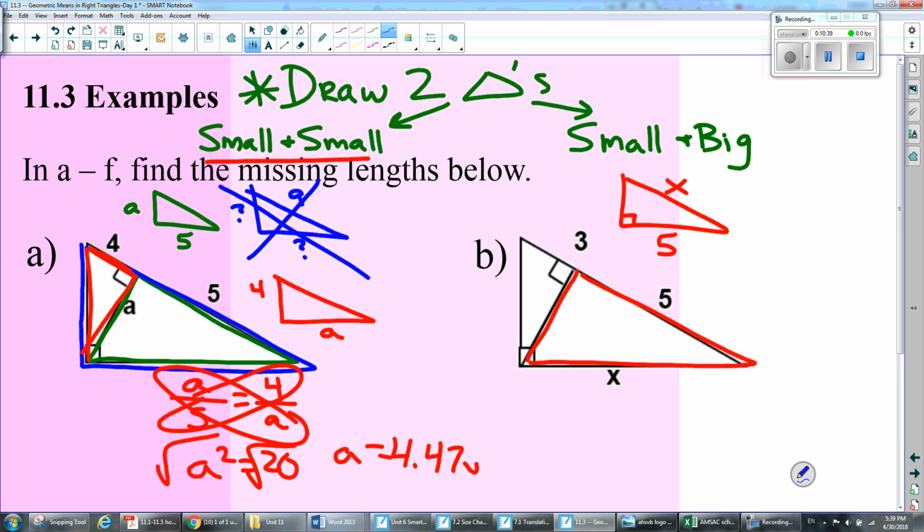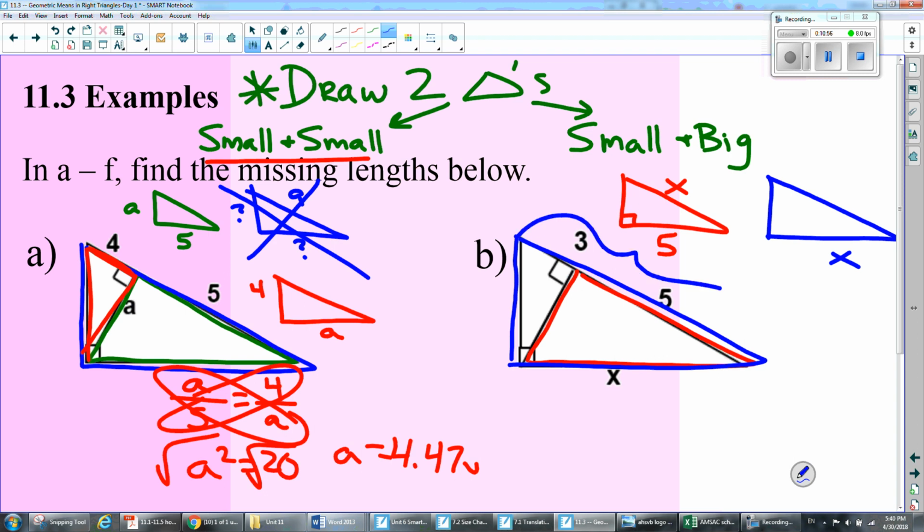When they give me a hypotenuse and a long side, I have to use the big triangle. Now I can see that x is the long side in that triangle, and my hypotenuse, if I add up 3 and 5, gives me 8.